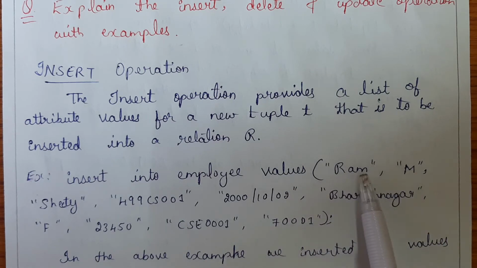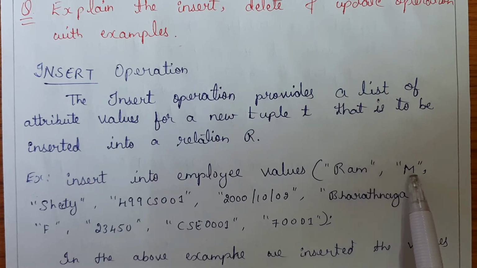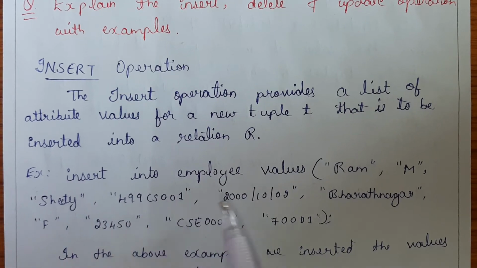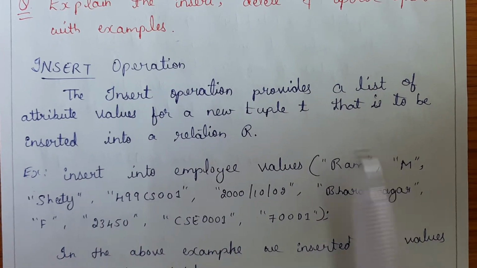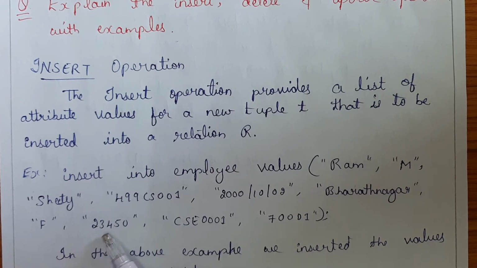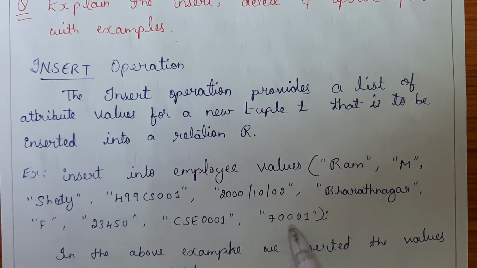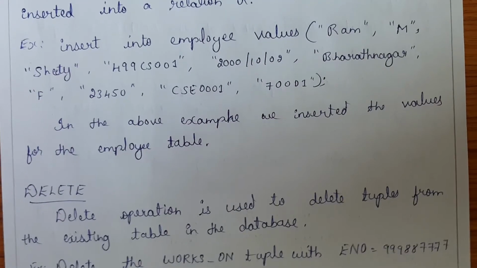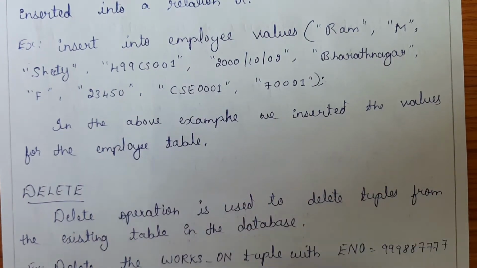The order in which the attributes are given, that is first name, middle initial, last name, register number, date of birth, place, sex, that is the gender, ID, and branch or the subject code. The order in which you have created the table, in that order you are going to enter the details. So this we call an insert operation. So we inserted the values into the employee table.